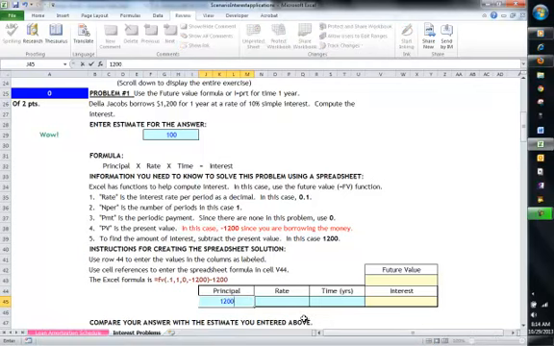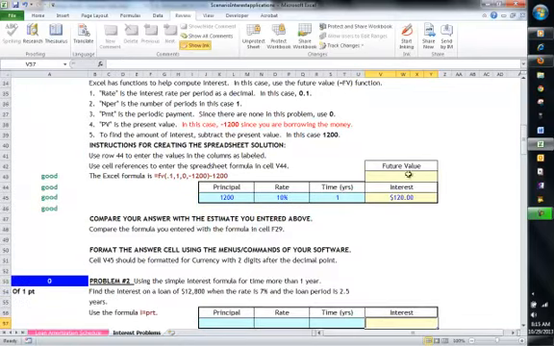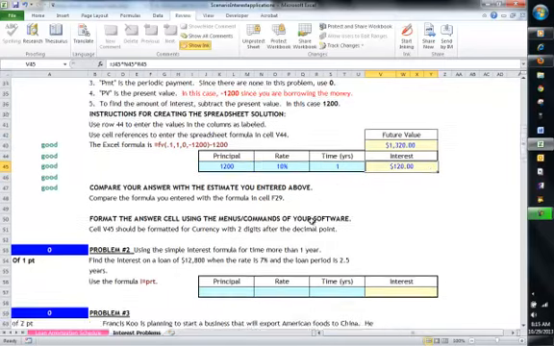And the time is 1 year. So the interest is the principal times the rate times the time, which is $120. Our future value is how much we loaned plus the amount of interest. Maturity value is adding those two together.